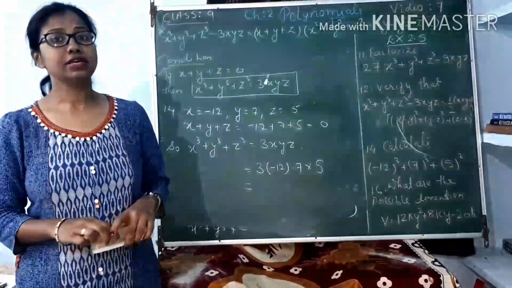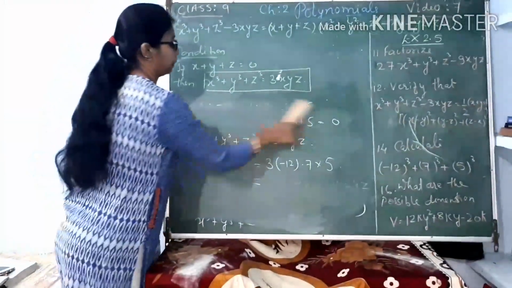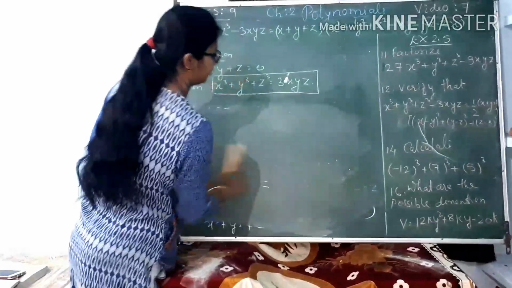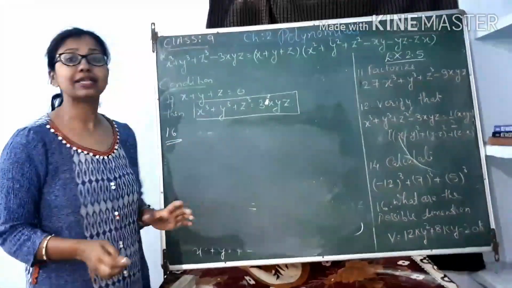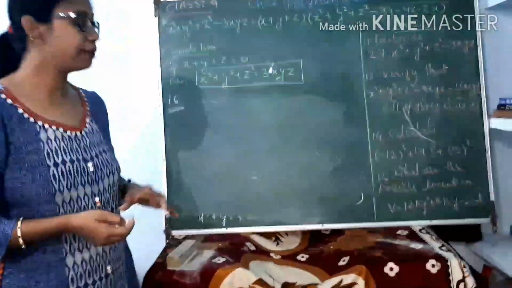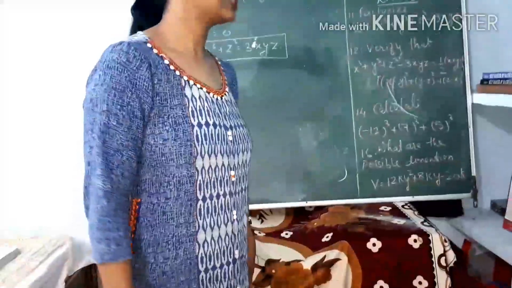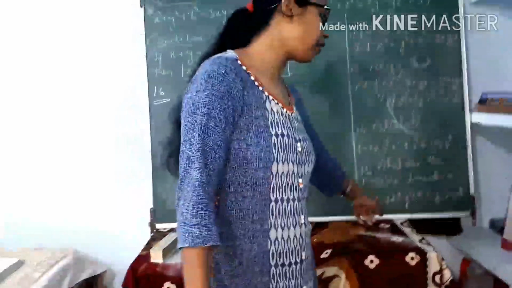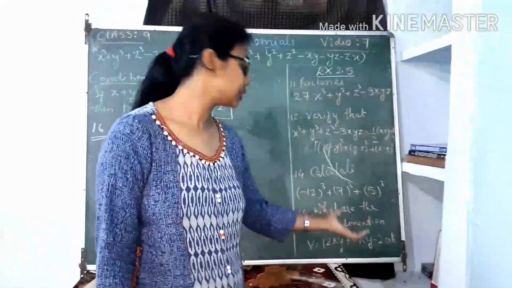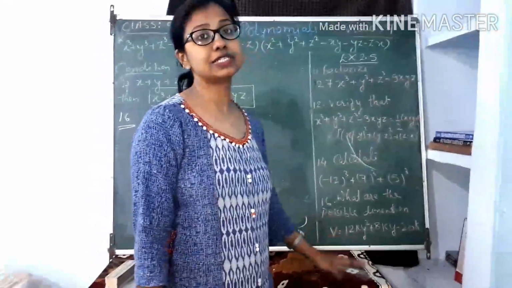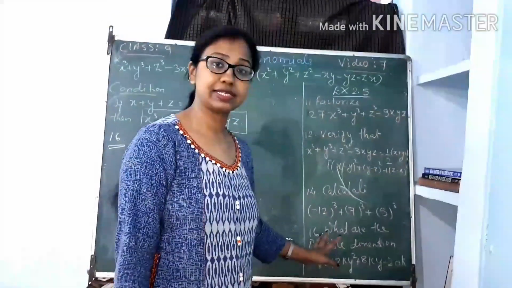Question number 16. Questions 15 and 16 are of the same form. In 16 they say this is the volume of a cuboid, while in question 15 it was a rectangle, only this much difference.